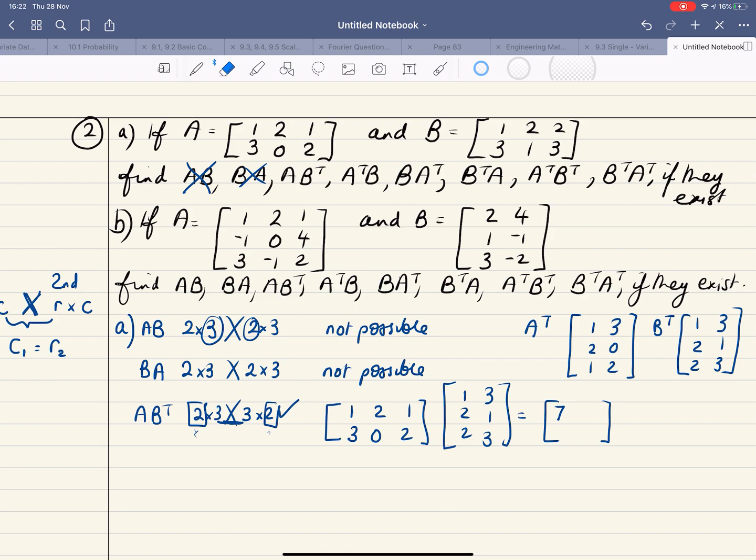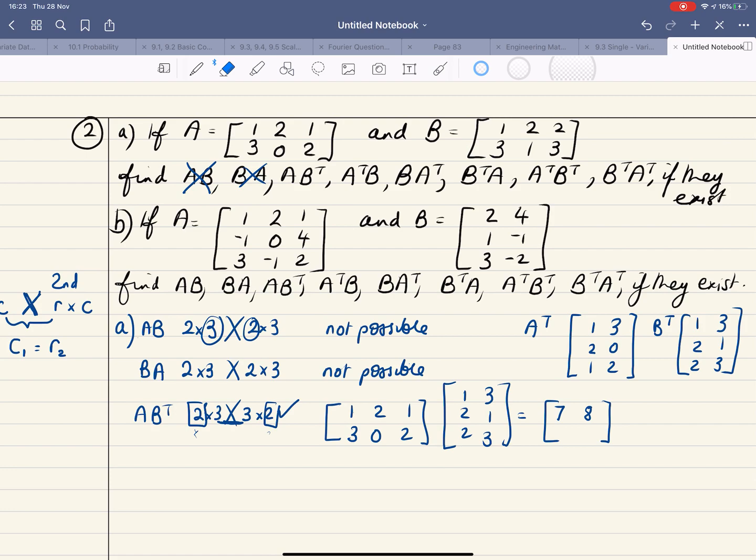And then the next one, this next position here, first row, second column. So let me highlight that this time. It's going to go in there. 1 times 3 is 3, plus 2 times 1 is 5, plus another 1 times 3, that's 8. Okay, so that's those two done.